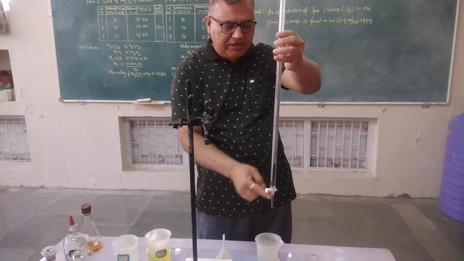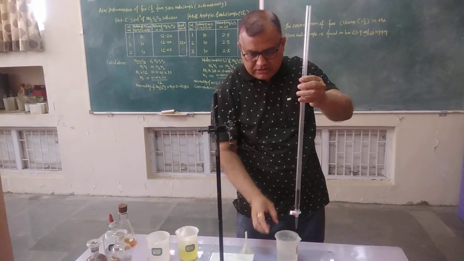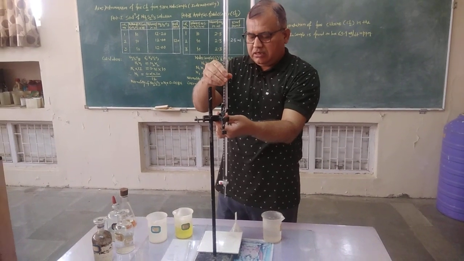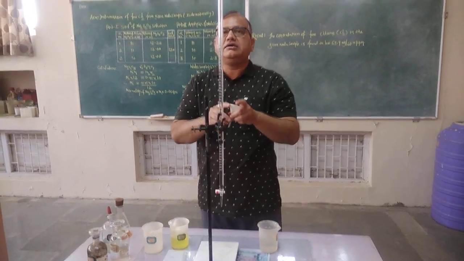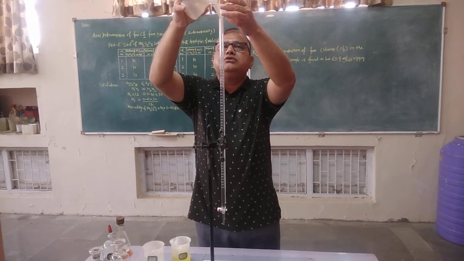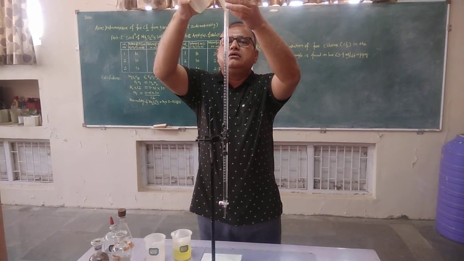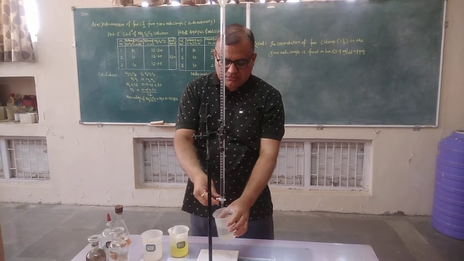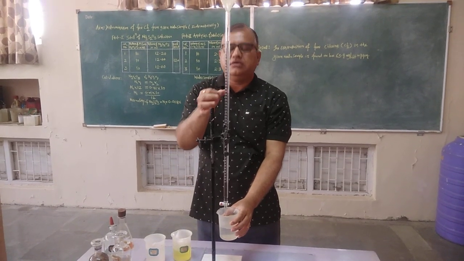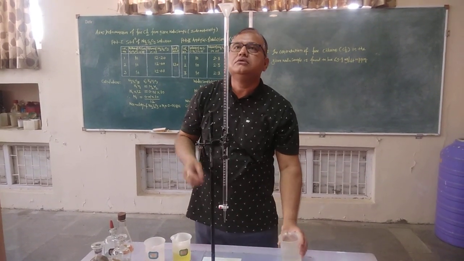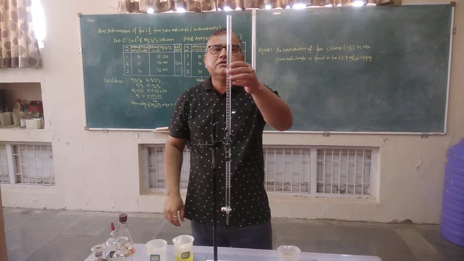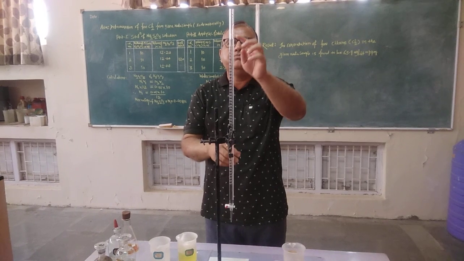The solution should be continuous now in the burette. After removing the air bubble, again add the Na2S2O3 solution and adjust to 0, exactly taking the lower meniscus. So we have added the Na2S2O3 solution in the burette now.